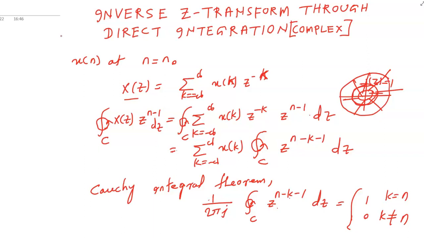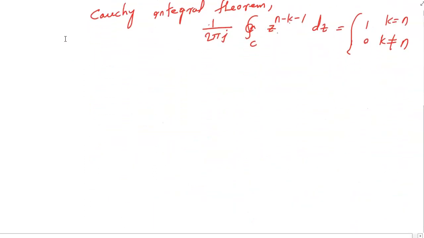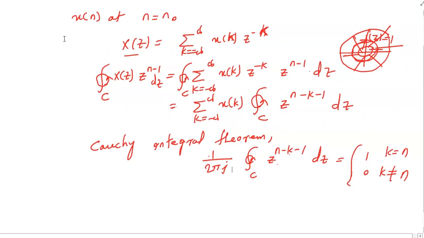And if you don't have k equal to n, then it will be 0. You can check it. So if you do so, our integration becomes 1 only for k equal to n, and in all other cases it is 0.